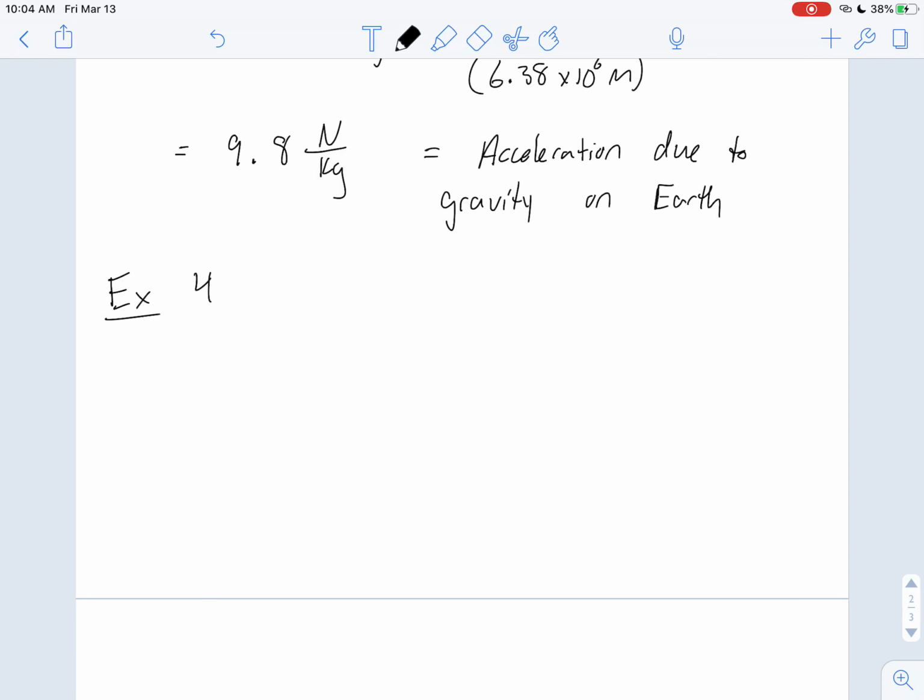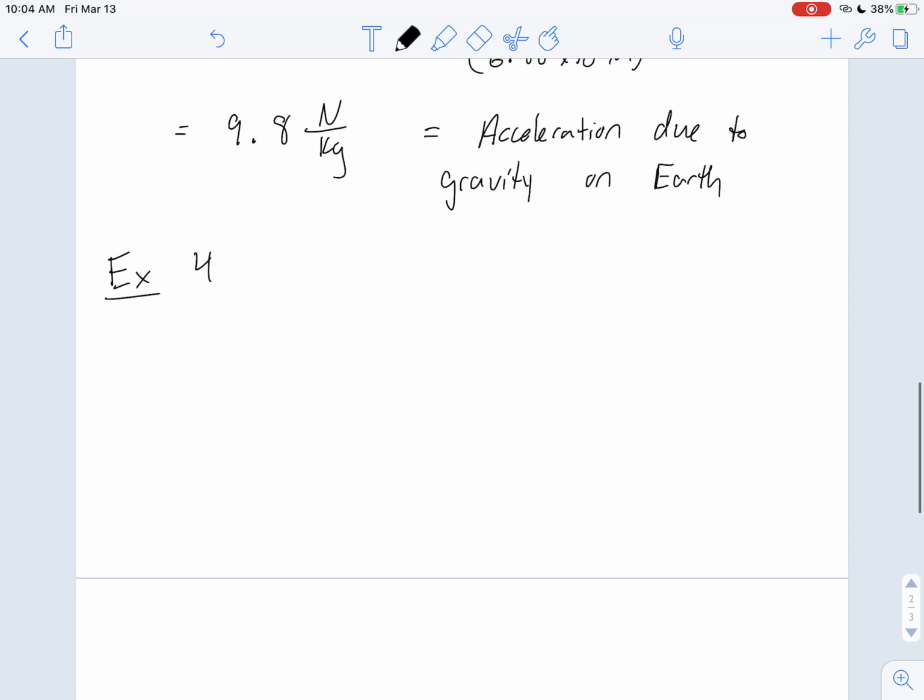For this problem, we want to find the force due to gravity. We want to find the acceleration of Earth from the sun, which we just learned is basically the same thing as little g, but for the sun, some distance away from the sun.